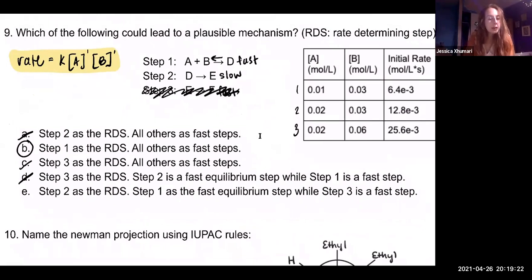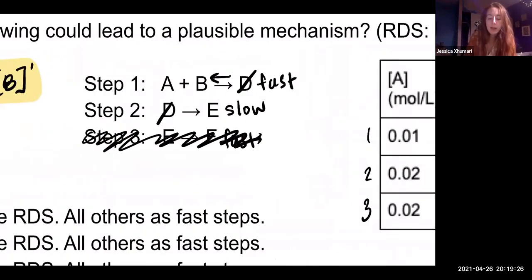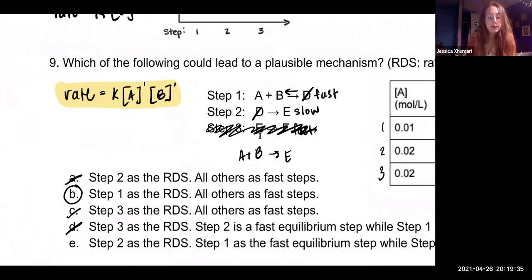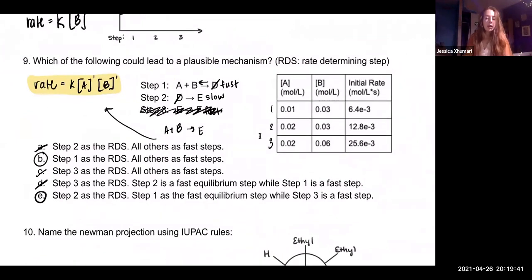Then we can directly relate step 1 and step 2. We can cross off D, and then our total reaction would look like this, simplified, which is reflective in our rate law, right? We have A and B. Okay, so that would be true. Any questions on this one?